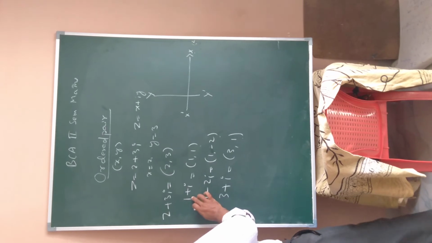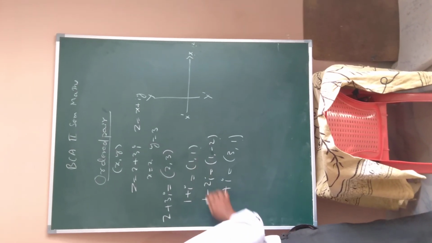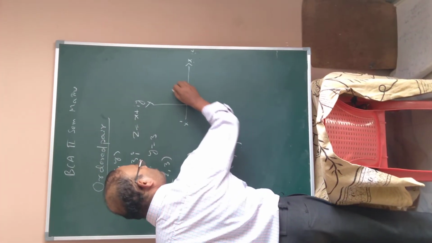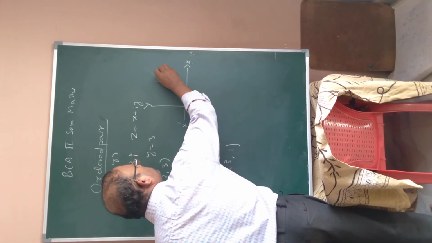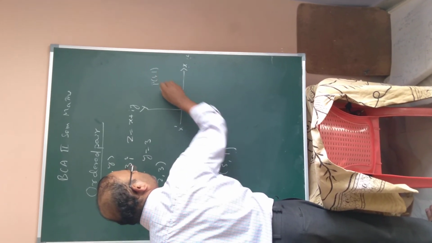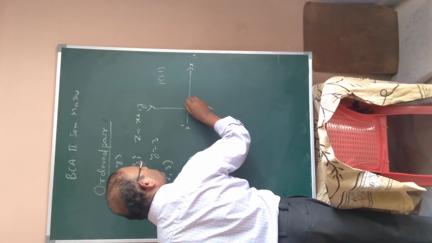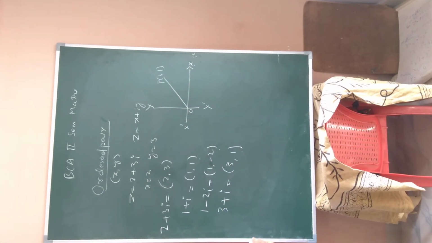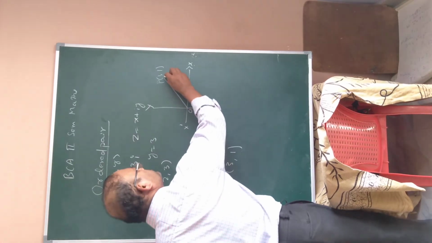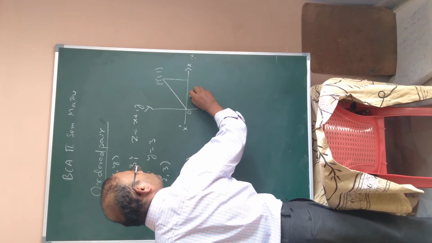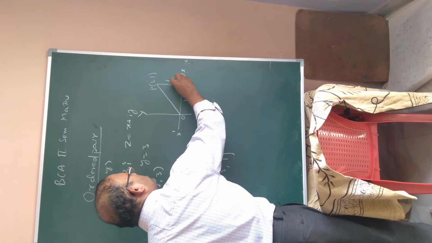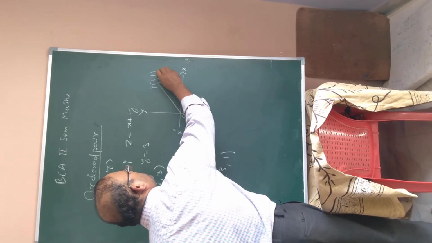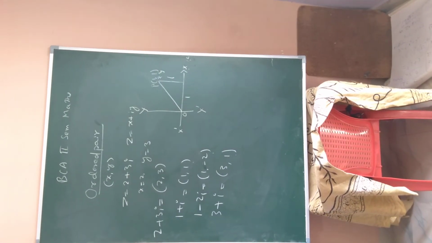First this complex number, that is 1 comma 1. If you draw from 0, the origin, the x coordinate is 1, y coordinate is also 1.